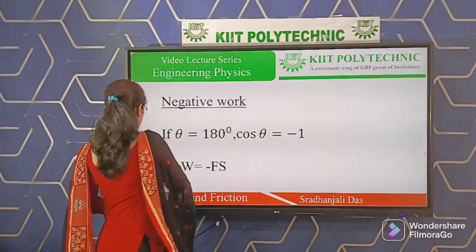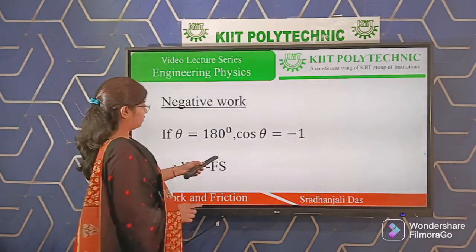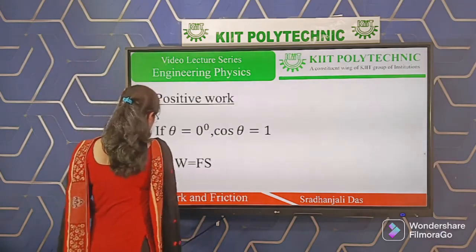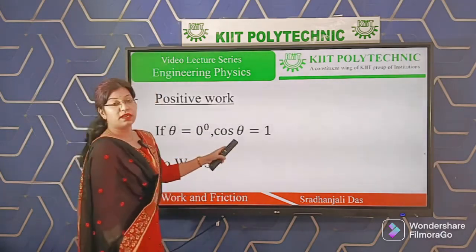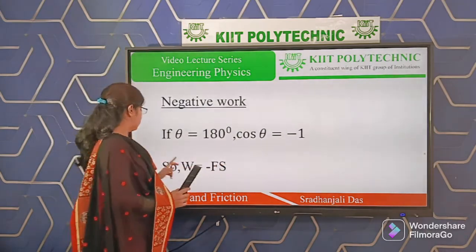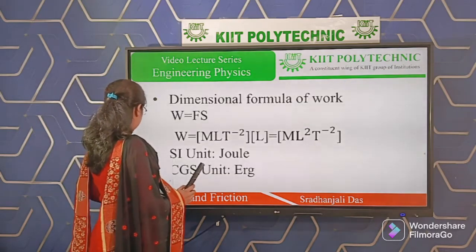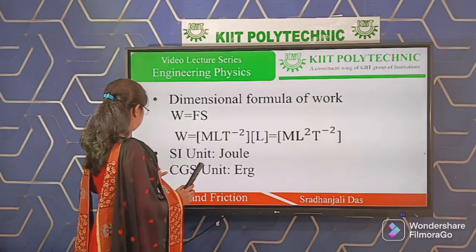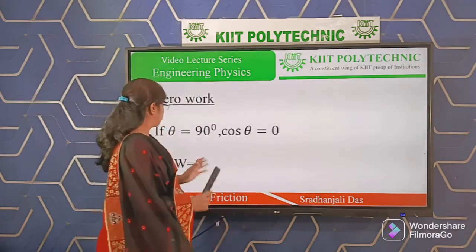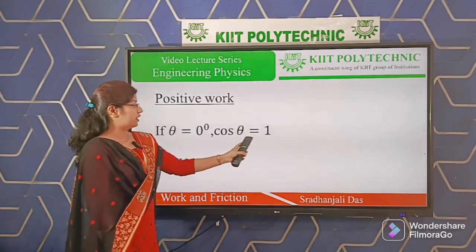Here, theta is 0 degree, so cos theta is equal to 1. Now I am adding the pen, just wait. Okay, so here theta is equal to 0 degree, cos theta is equal to 1.